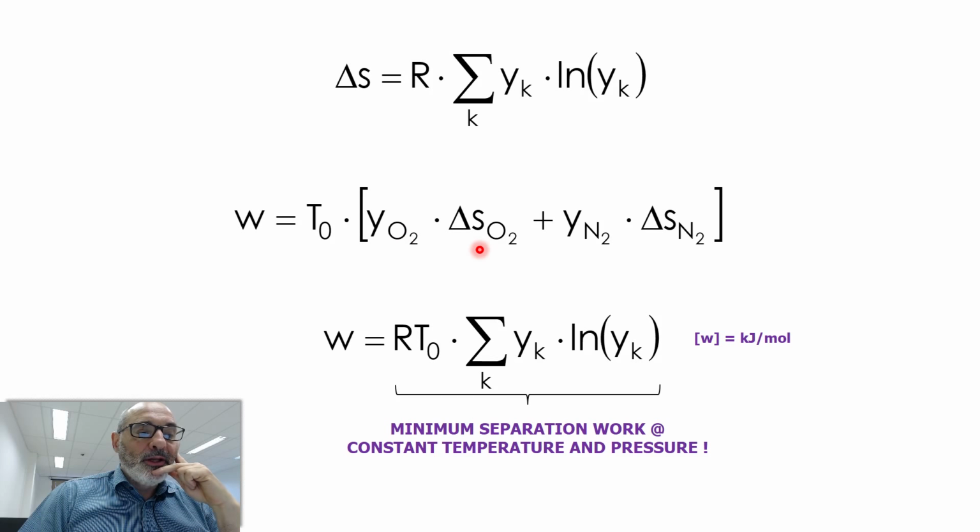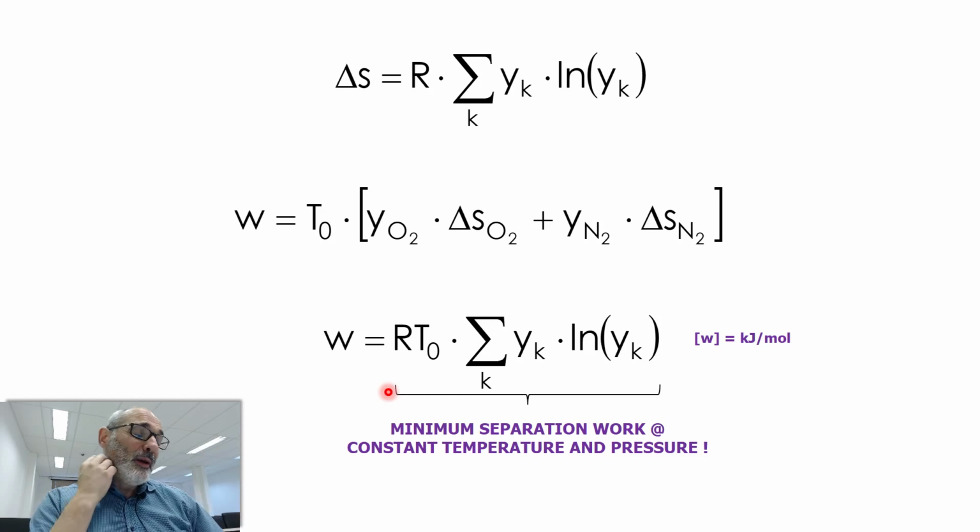And by calculating each delta S, as we already saw, we get this final formula here. When we apply this formula, we get the minimum separation work at constant temperature and pressure for an ideal gas.